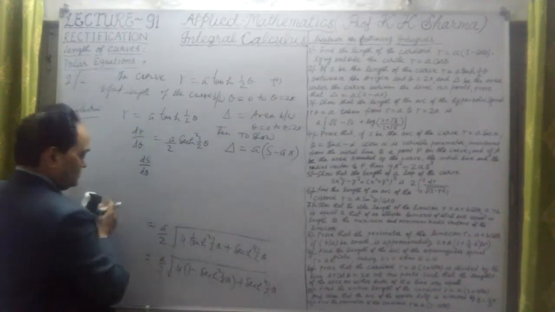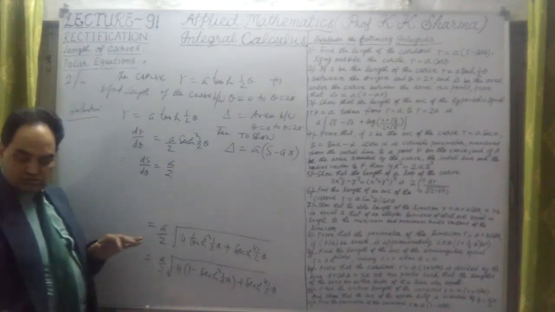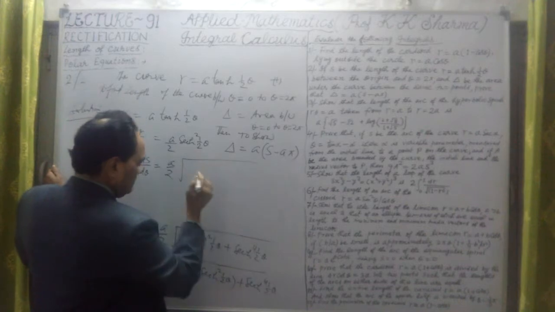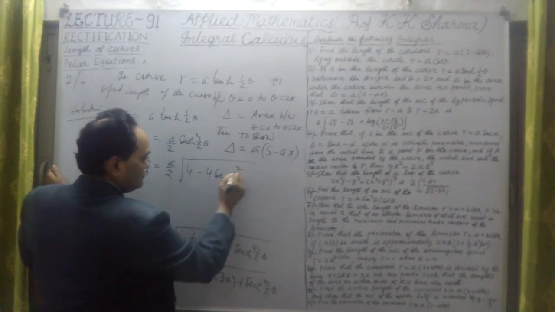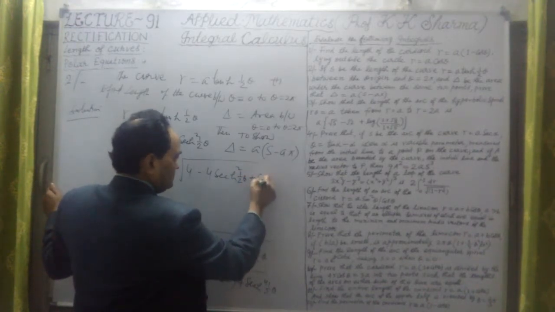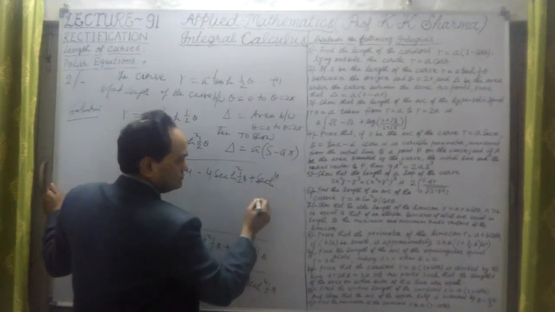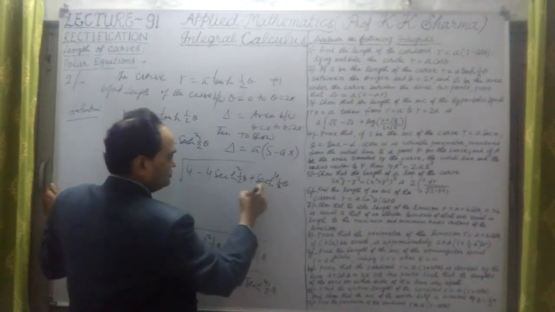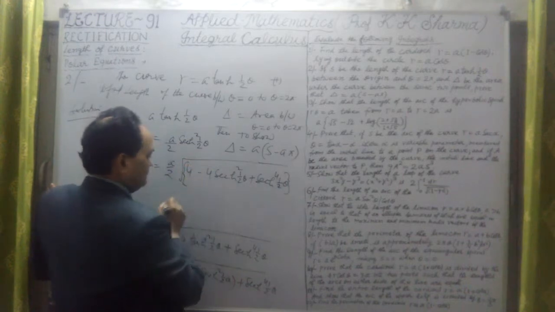Finally, ds d theta we are solving, this is nothing but a upon 2 out of the square root, and inside it is 4 minus 4 sech square 1.2 theta, plus sech to the power 4 of 1.2 theta, angle is 1.2 theta. Okay, so this is a perfect whole square.